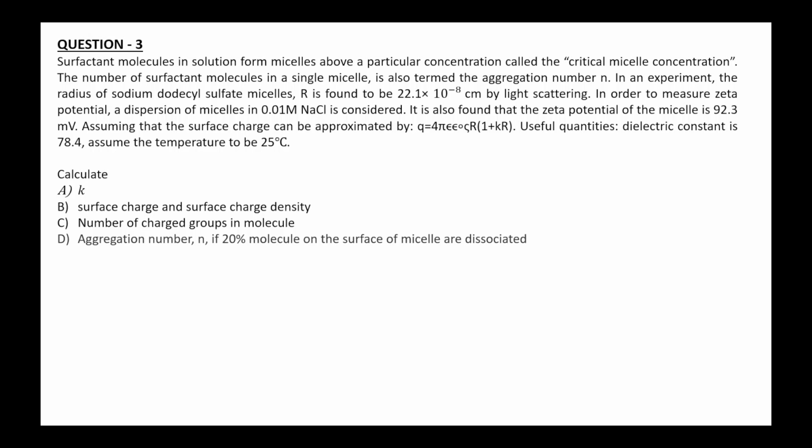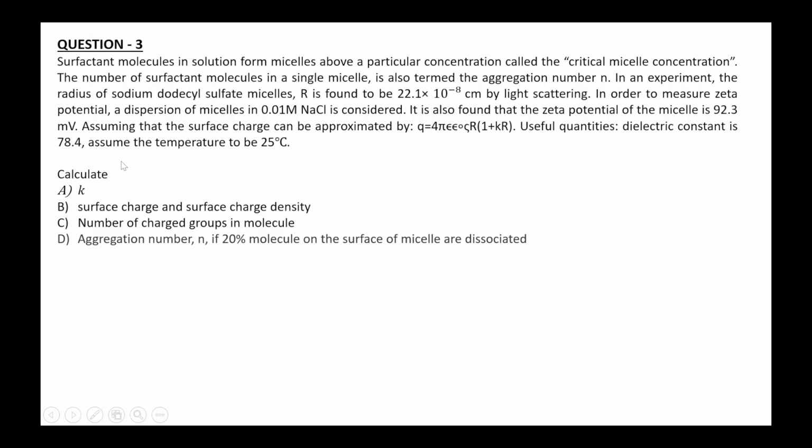It's a step by step calculation. First, calculate the value of kappa, then surface charge, then surface charge density, then the number of charge groups in the molecule, and then the aggregation number, provided that 20% of the molecules on the surface of the micelle are dissociated.